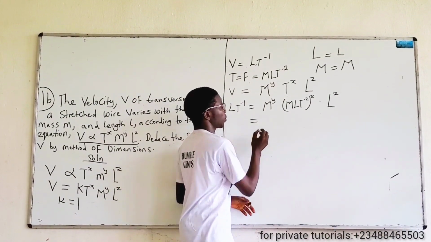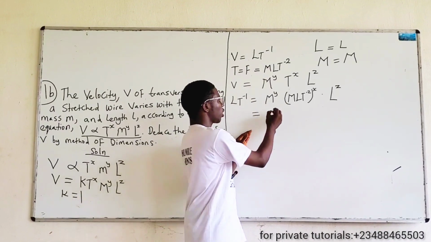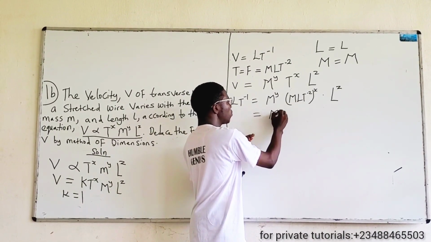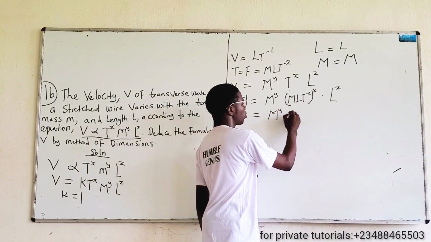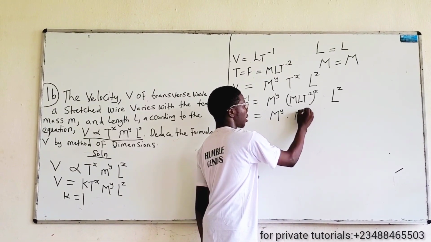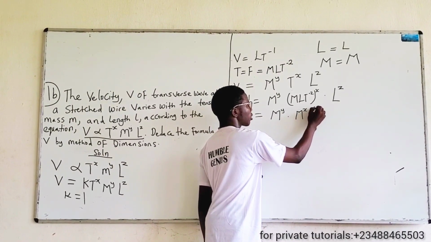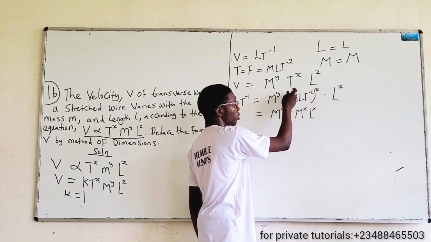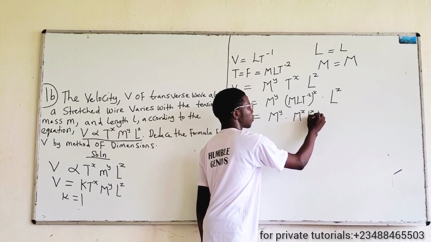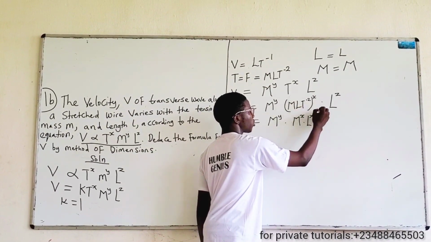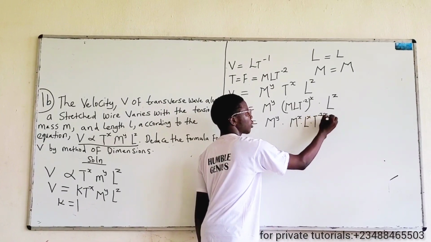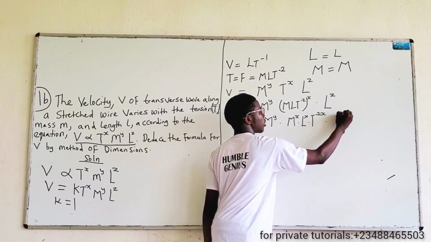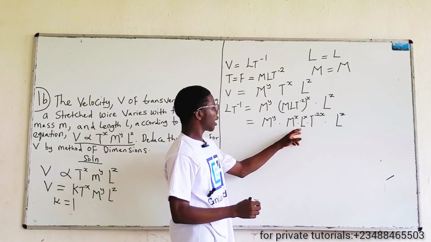So at this stage, what I need to do next is simplify. So I will open this bracket. I have M raised to power y. So this becomes M raised to power x, L raised to power x. I'm using this power to multiply all the powers. Then T raised to power minus 2x. Then L raised to power z. Now you will notice that I have L twice.